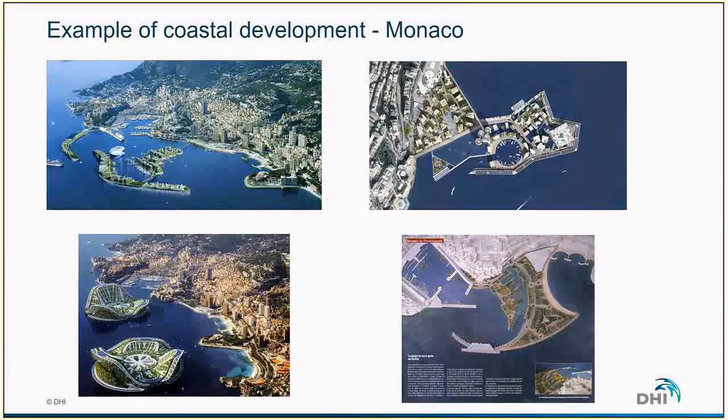The problem with these developments is that they're not really realistic. Some of them would require non-existing technology, and some would be very difficult to build because it's a very difficult area to work with. It's very steep and very rocky.